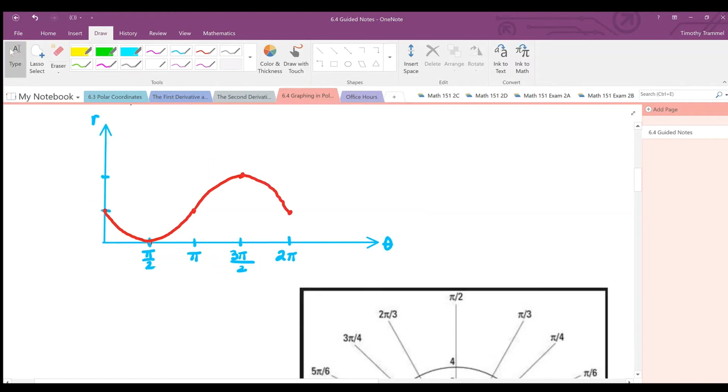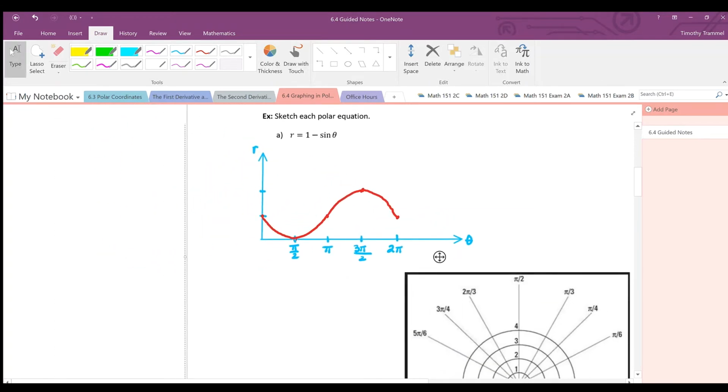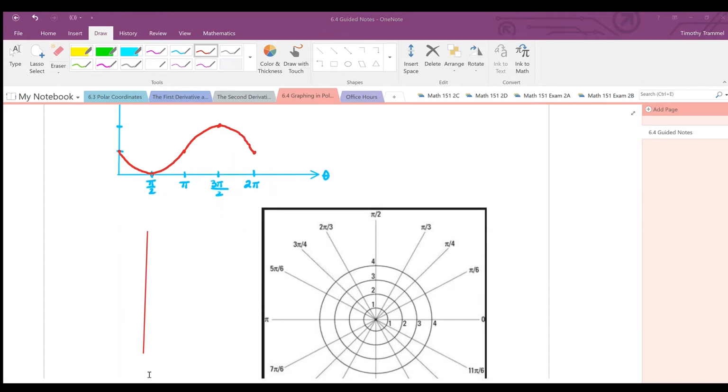All right, the whole point in graphing this is that we can now make a table of values for theta and r. Let's see if we can straighten that out a little bit.